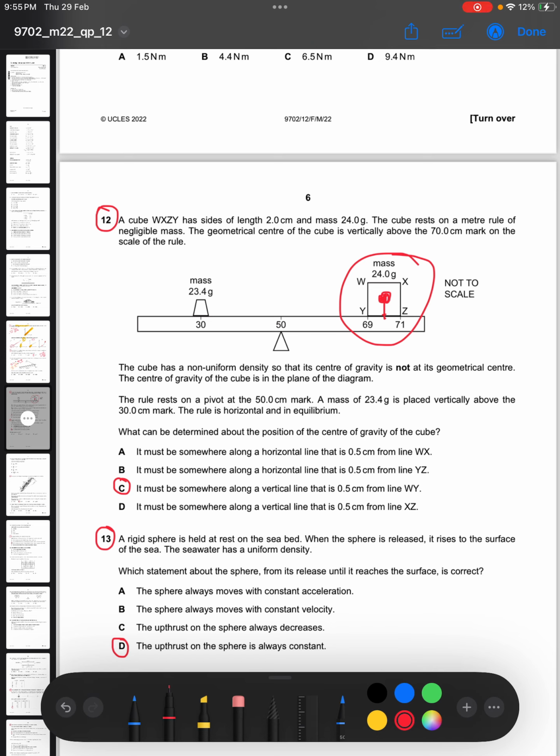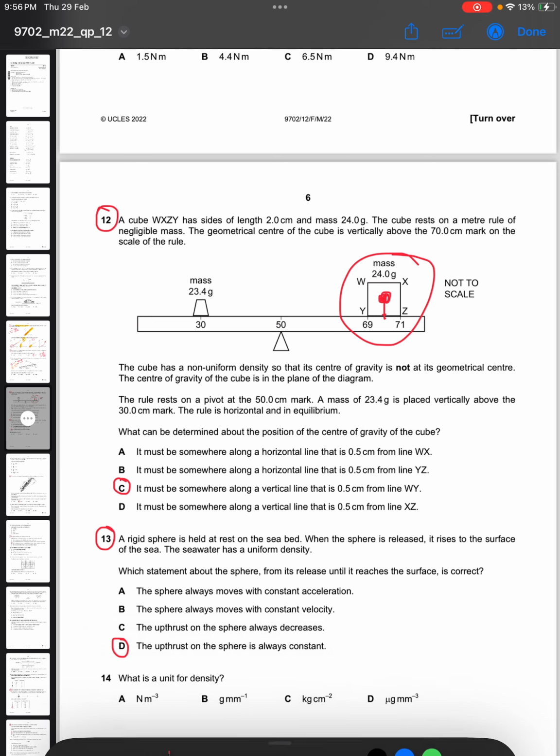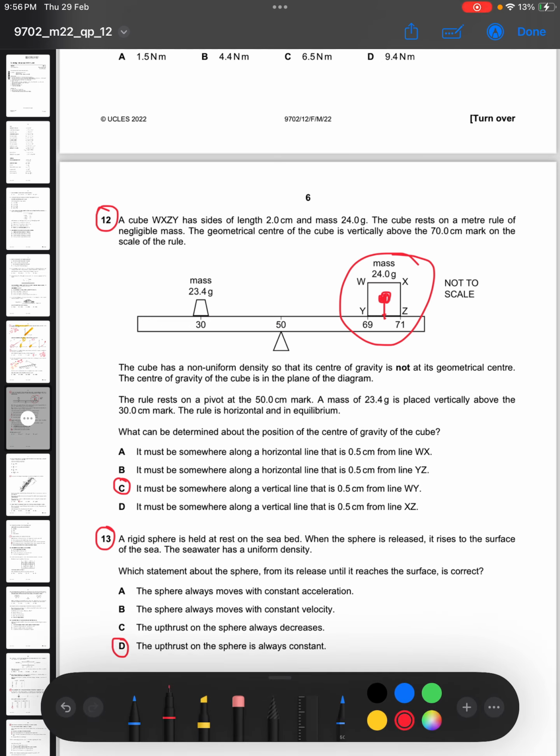The center of gravity of the cube is in the plane of the diagram. The rule rests on a pivot at the 50 centimeter mark. A mass of 23.4 grams is placed vertically above the 30 centimeter mark. The rule is horizontal and in equilibrium. What can be determined about the position of the center of gravity of the cube?